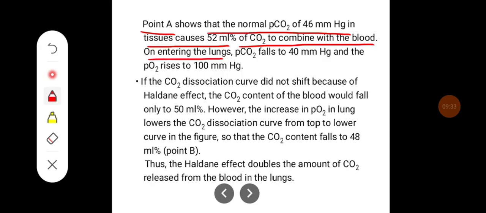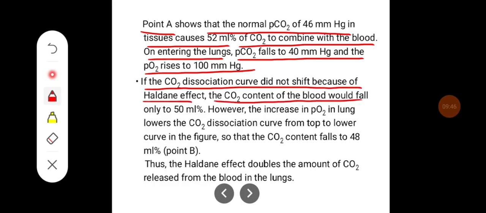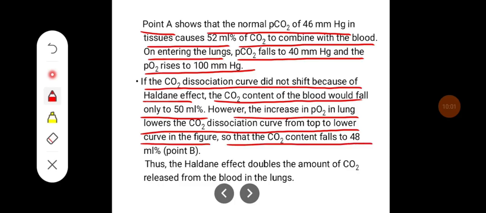On entering the lungs, PCO2 falls to 40 mmHg and PO2 rises to 100 mmHg. If the carbon dioxide dissociation curve did not shift because of the Haldane effect, the carbon dioxide content of the blood would fall to only 50 ml percent. However, the increase in the PO2 in the lung shifts the carbon dioxide dissociation curve from the top to the lower curve of the figure, so that the carbon dioxide content falls to 48 ml percent, that is point B. So Haldane's effect doubles the amount of carbon dioxide released from the blood in the lungs.